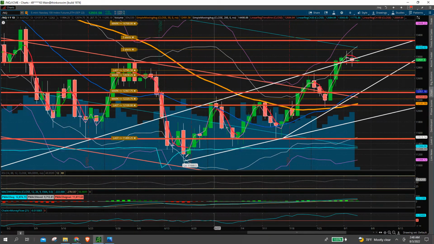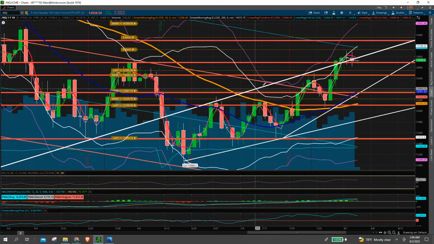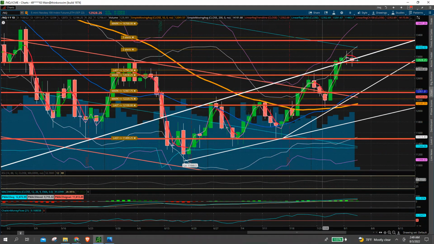We have been forming higher lows and higher highs, and we had a channel on the top that was resistance, and we broke it, but now it seems as if we're coming back within this channel, and it's going to be quite interesting to see what happens.